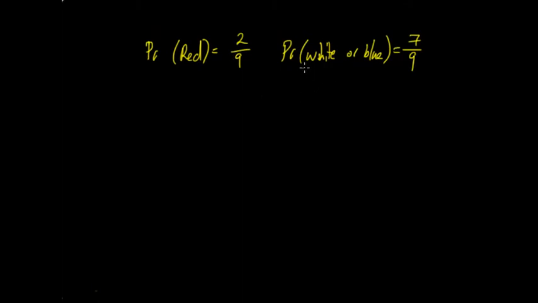Now this isn't a coincidence, because with the probability of white or blue, you could sort of think about this as the probability of not red. Because there's only 3 outcomes, white, blue, or red. So the probability of not getting a red one is 7 over 9, as we previously calculated. And then the probability of red equals 2 over 9.